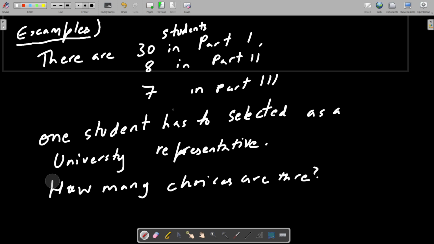According to this rule, are there any students common between all three classes? No, right? So each class is distinct and there is nothing common between them. So the total possibilities will be 30 plus 8 plus 7, which is equal to 45. So there are a total of 45 students available from which one has to be selected. So there are 45 choices.